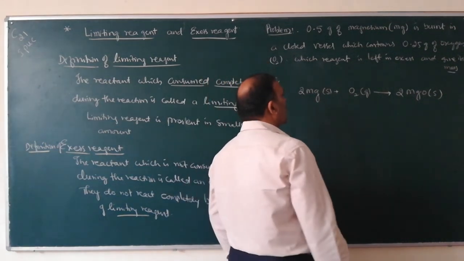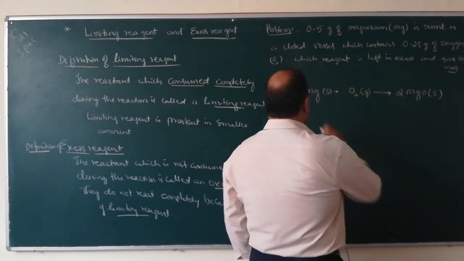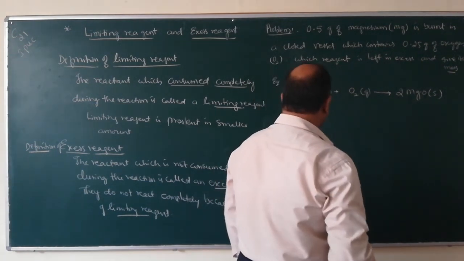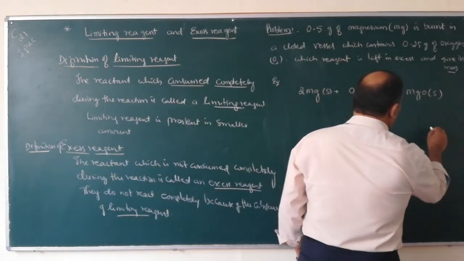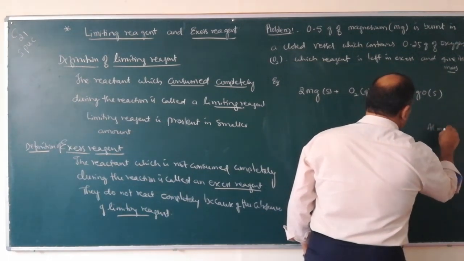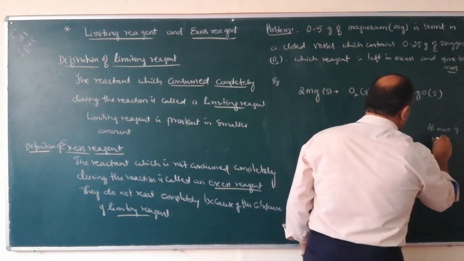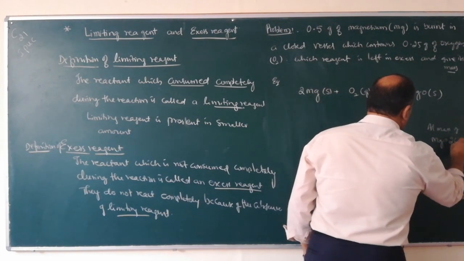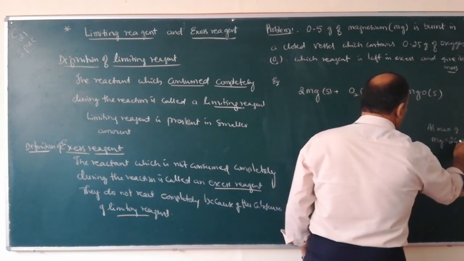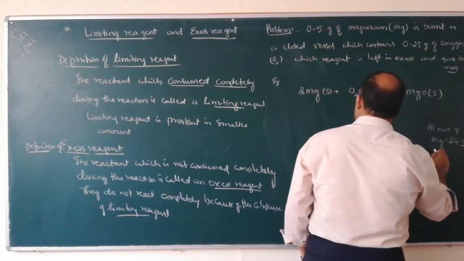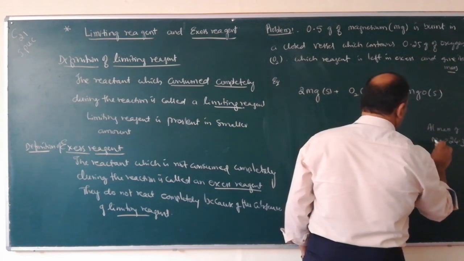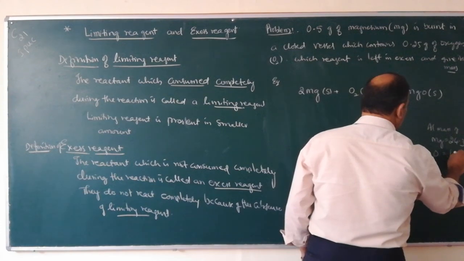So here what is the mass of magnesium? You have to write the atomic mass of magnesium equals 24.3, and the atomic mass of oxygen equals 16.